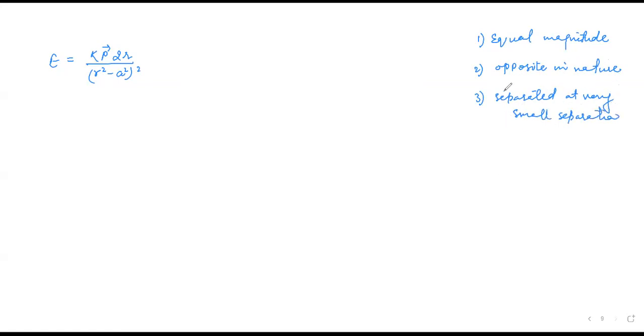Now, look at this third point. What is it saying? Separation is very small. So we are going to take the ideal condition here.